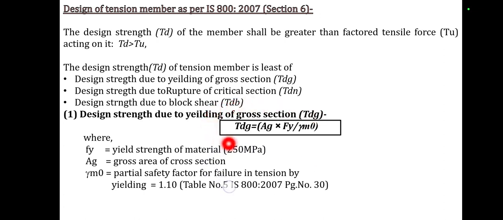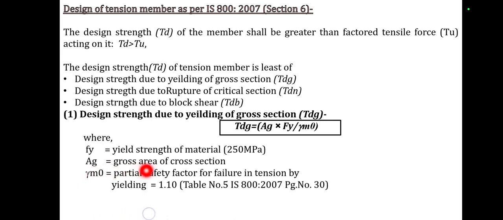It is calculated by the formula TDG equals Ag into Fy divided by gamma m0. Fy is the yielding strength of material, which is equal to 250 MPa. Ag is the gross area of the cross section.